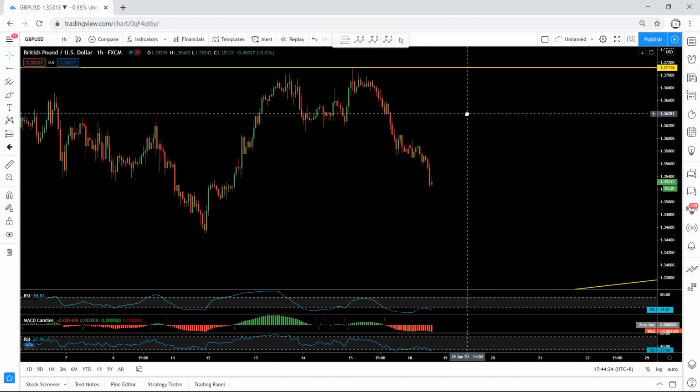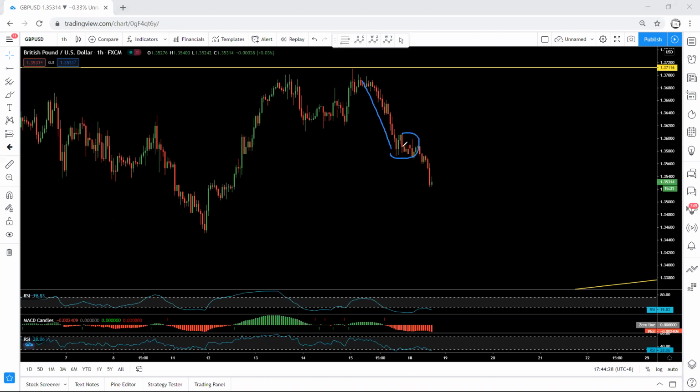Yes, still possible, because maybe we have this move, correction, second move, and maybe this is not the start of the down move. That means the price can still reverse before we get the down move. That's why I mentioned, from what I can see here, the traders should know how to manage the trade because of the second possibility we have.